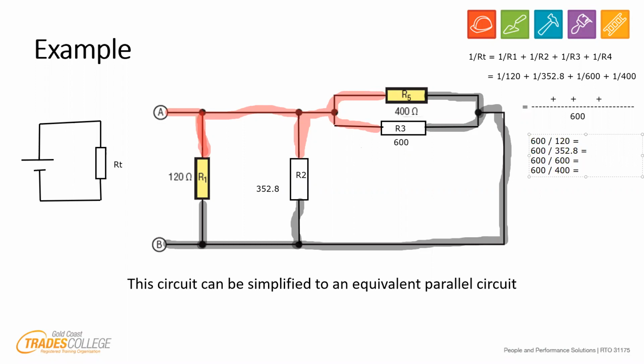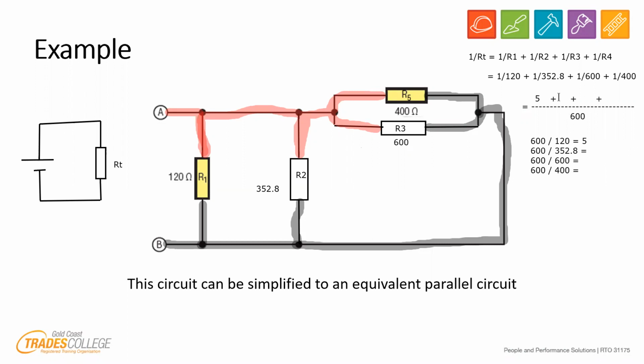So 600 divided by 120. We got 5 for the first one, so 5 goes there. The second one is 600 divided by 352.8, which gives me 1.7.